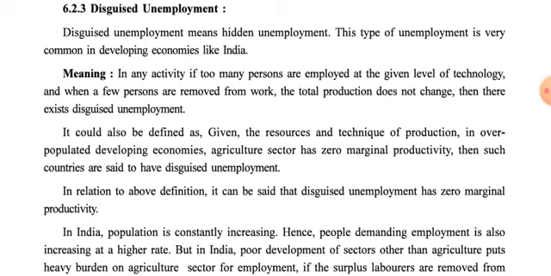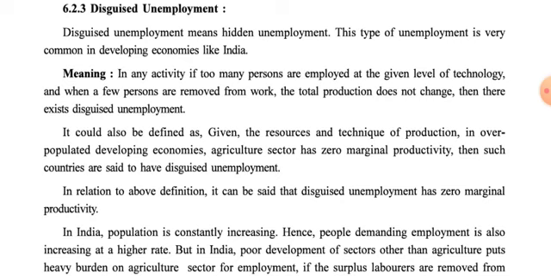Disguised unemployment means hidden unemployment. First of all, this statement: this type of unemployment is very common in developing economies like India. Now, disguised unemployment means hidden unemployment because here we cannot measure the exact percentage of unemployed persons, or we can say it is very difficult to find whether disguised unemployment is there or not.